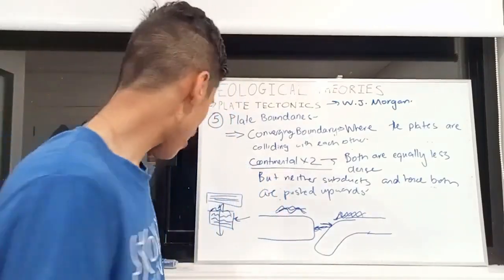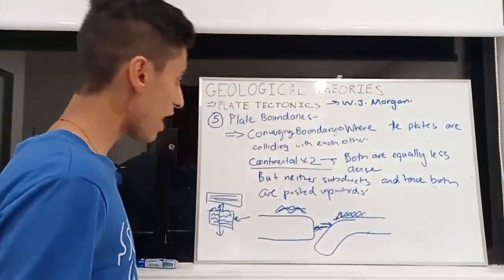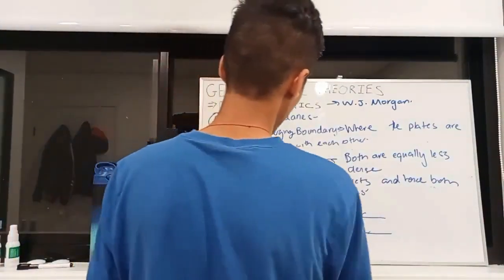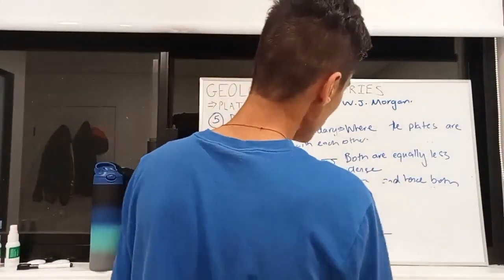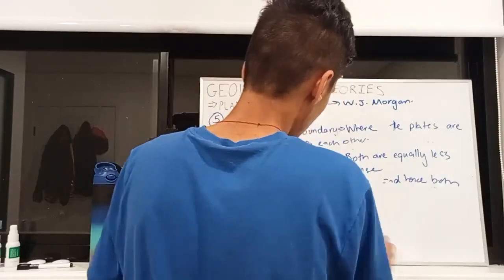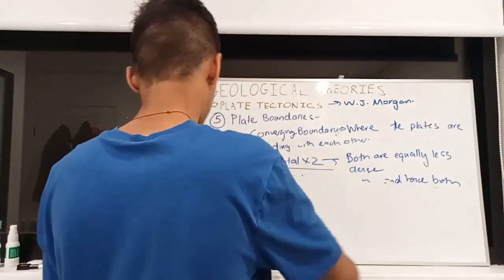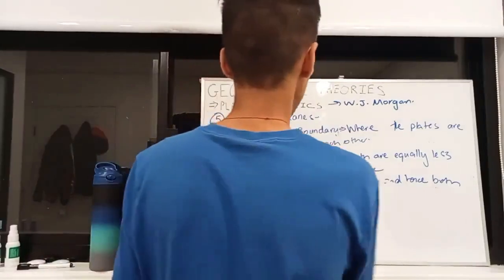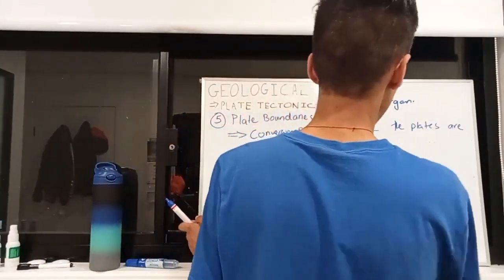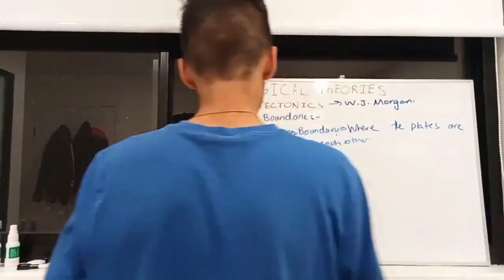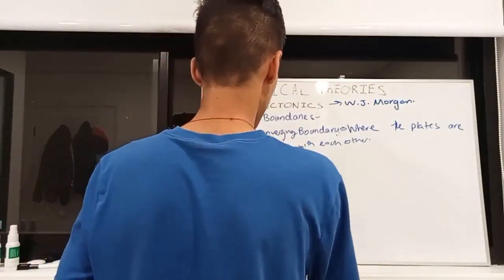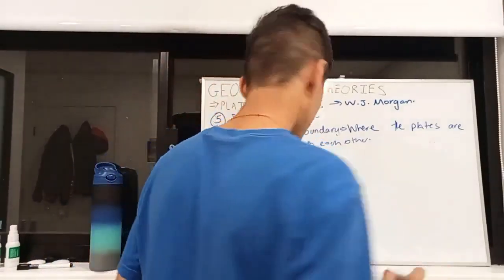Now finally, now that we've looked at these two, what would happen if oceanic crust was to collide into oceanic crust? Oceanic with oceanic.